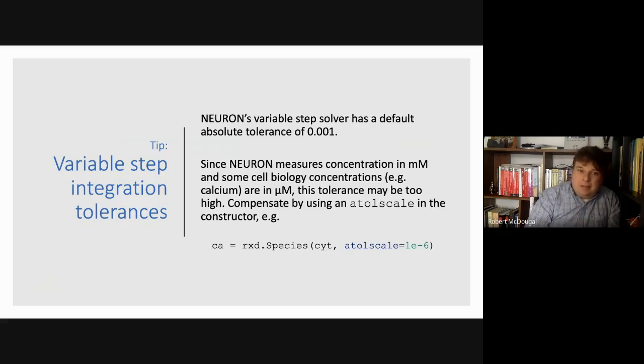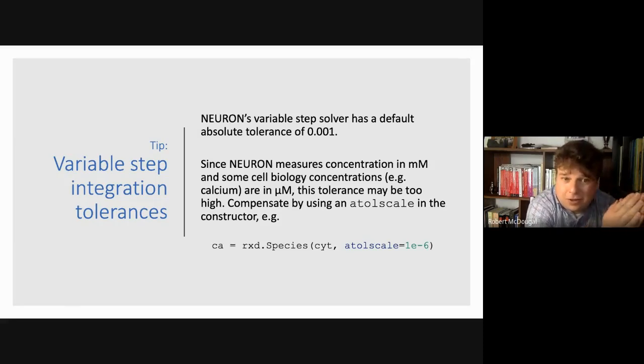If, on the other hand, I'm talking about calcium, remember calcium, we said, was much, much lower, at 100 nanomolar. Well, that's not going to work for me because an error of 10 to the negative 3 is a 1 micromolar error, which is 10 times as much as calcium should be. So that's probably not so good. And so what NEURON allows you to do is specify what's known as an atol scale.